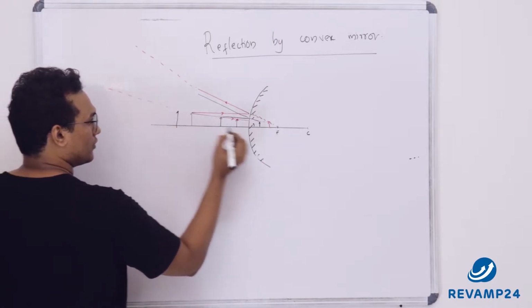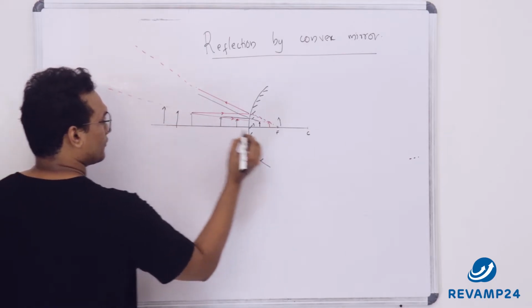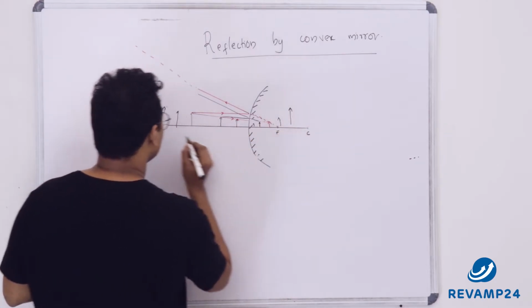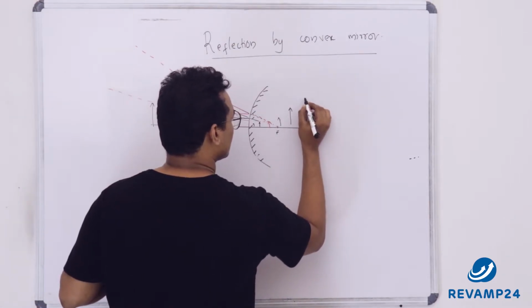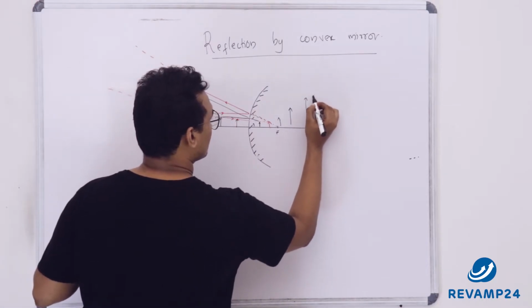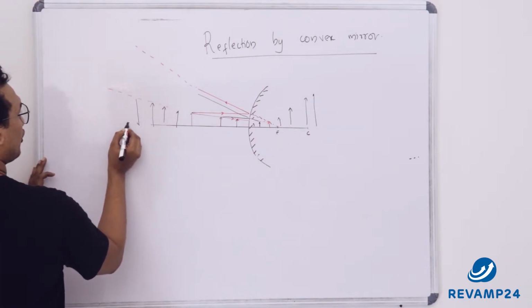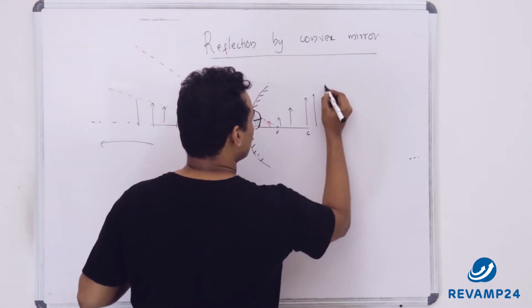This one would form a bigger image comparatively. Same principle, you can just mark 2 rays, a bigger image here. See, now every object in this direction has got an image in this direction.